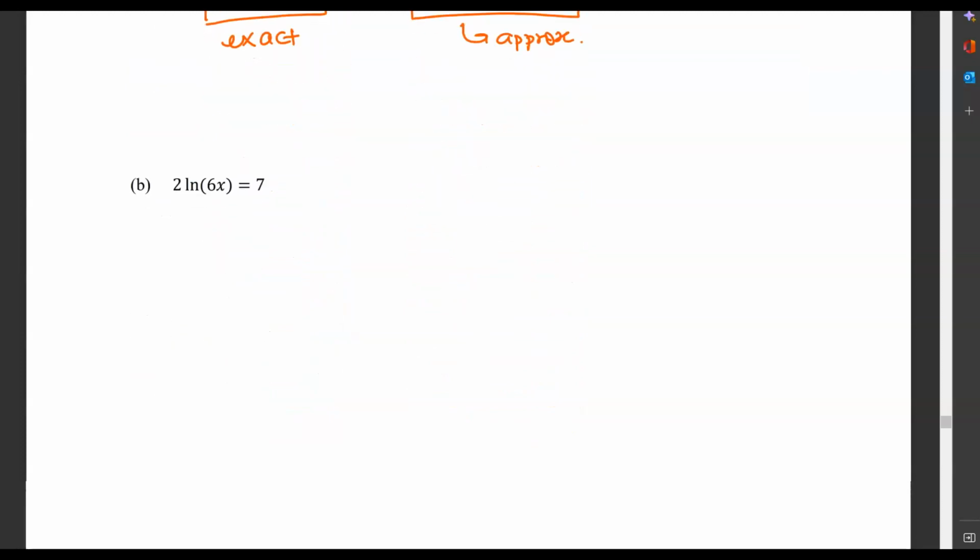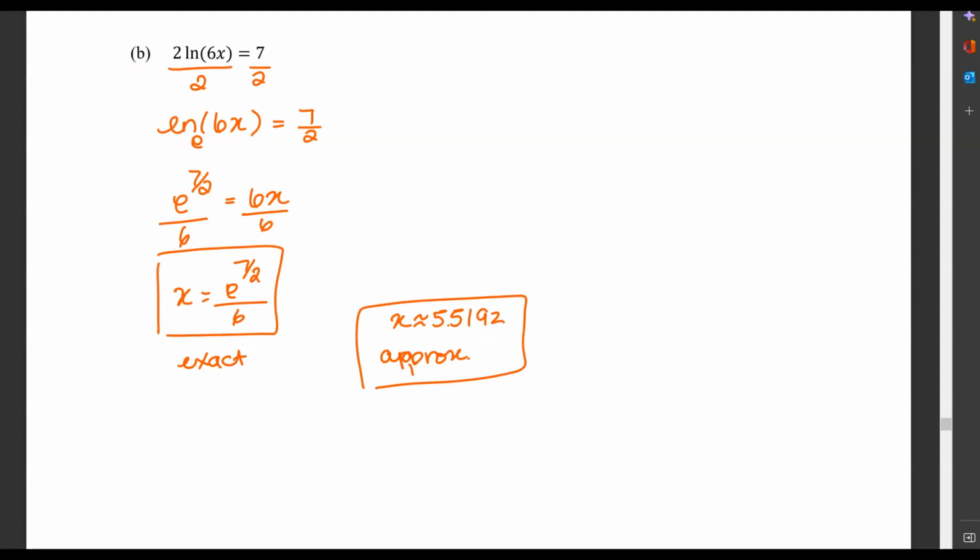All right, here we have another one. Go ahead and give this one a try. All right, so for this one, first thing again, always isolate that ln. So we end up with ln of 6x equals 7 halves. Remember, ln is base e, so using that definition of logarithms, we're going to get e to the 7 halves equals 6x.